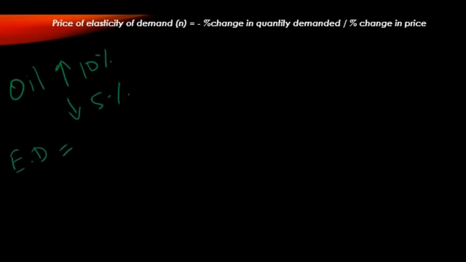It is the percentage change in demand, 5%, divided by the percentage change in price, 10%. It should be with the minus. So the value will be 0.5. It is minus, but if you always take it in absolute terms, it is 0.5. So this is the elasticity of demand.